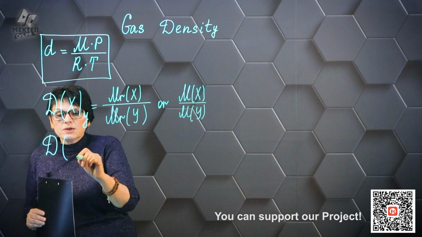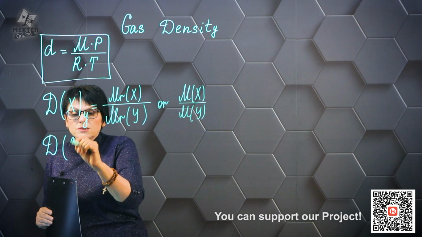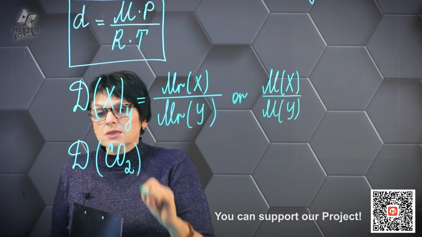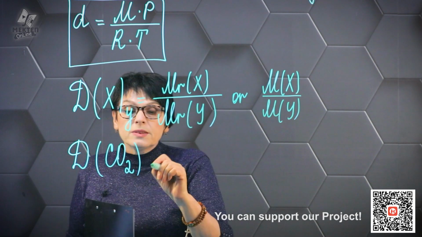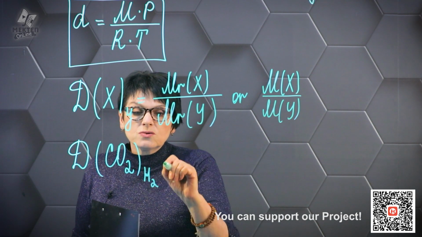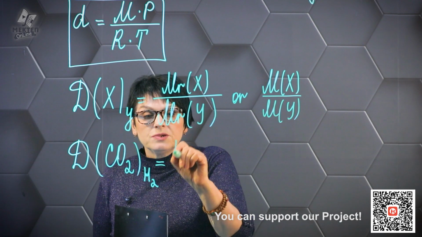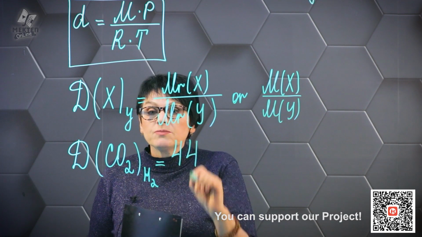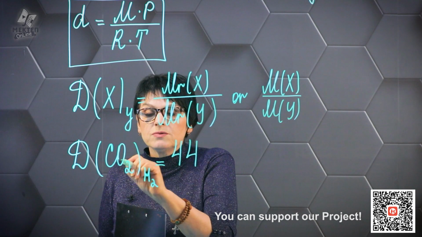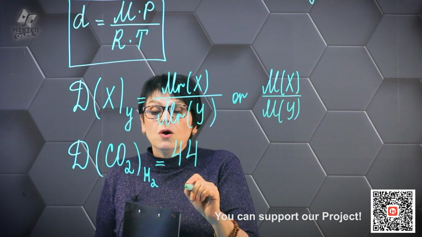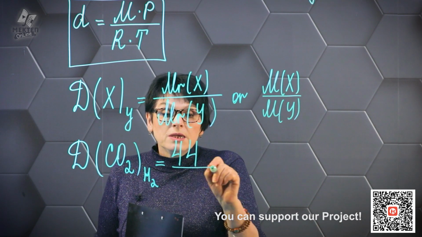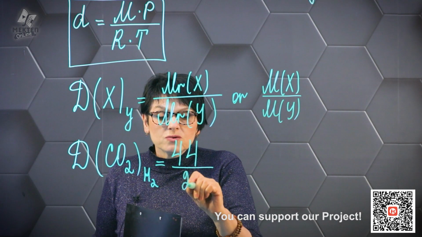Let's say we need to calculate the density of carbon dioxide, the gas that we breathe out, for example, relative to hydrogen gas. So let's do the calculation. Carbon dioxide weighs in at 44. It's not hard to calculate that: carbon 12, oxygen 16 times 2. And that's relative to hydrogen, 2.